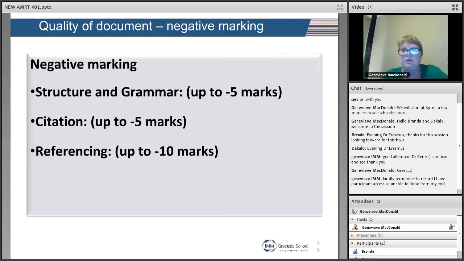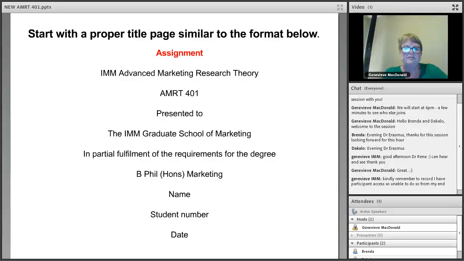Citations, up to 5 marks that you can lose. Referencing, up to 10 marks that you can lose. And it's simple technical issues that are spelled out for you everywhere. Well, how sad if you actually lose that because you just did not bother to do the referencing or citations properly.